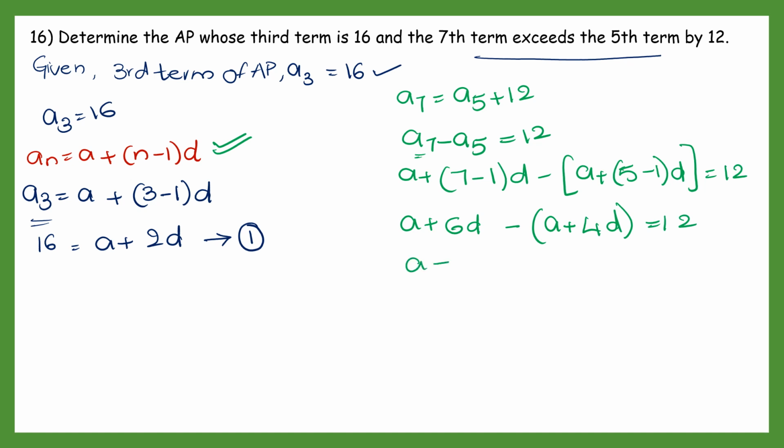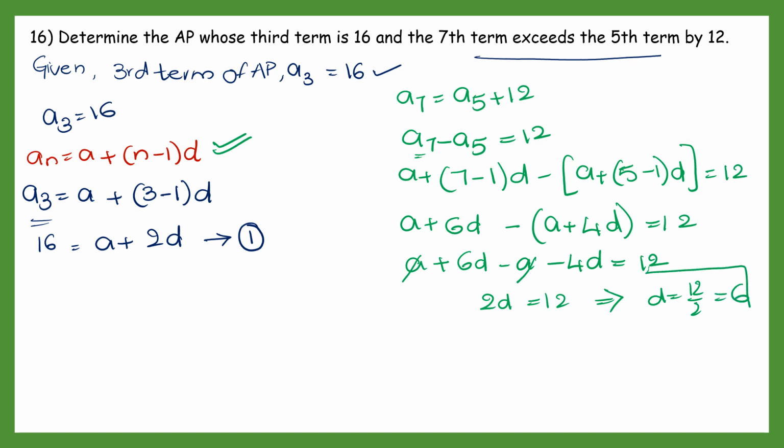So a plus 6d minus a minus 4d is equal to 12. a minus a gets cancelled. 6d minus 4d is 2d. 2d is equal to 12. That means d is equal to 12 by 2, d is equal to 6. We got the value of the common difference, d is equal to 6.